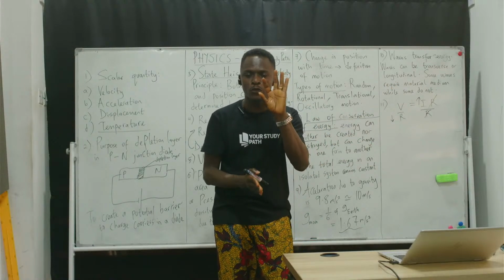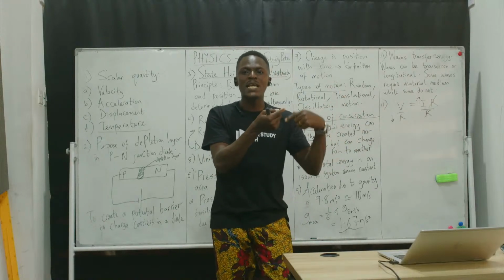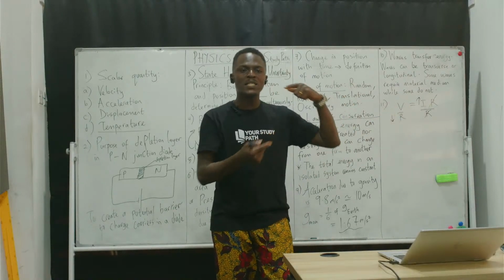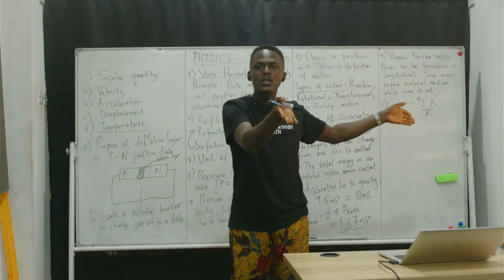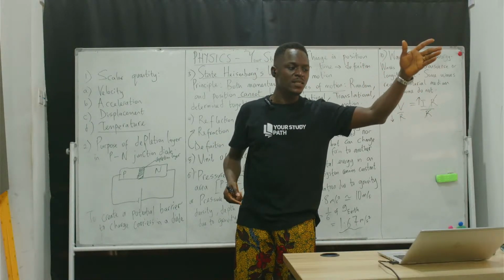That's the purpose of your fuse. It cuts excess current and prevents it from passing from the mains, which is your NEPA, your generator, whichever main AC supply, into your device.